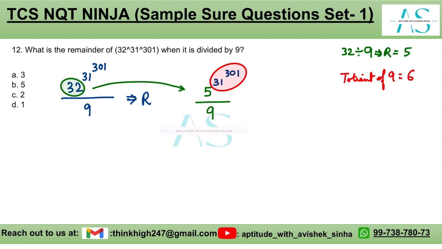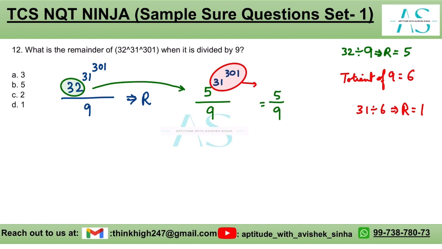All these methods you can always view in our solution or the concept videos in which we have already explained what a totient method is and how you go about finding the remainders. But I'll be going through these a bit fast. So if you divide 31 by 6, you get the remainder as 1. So this becomes ideally 5 by 9.